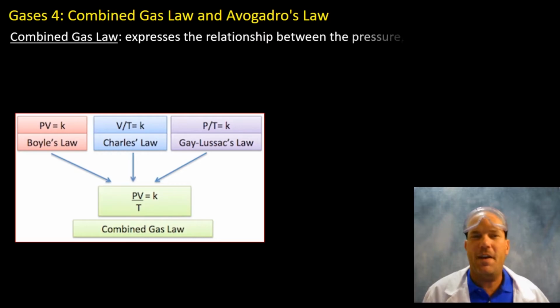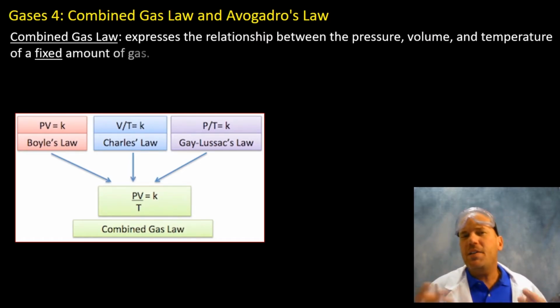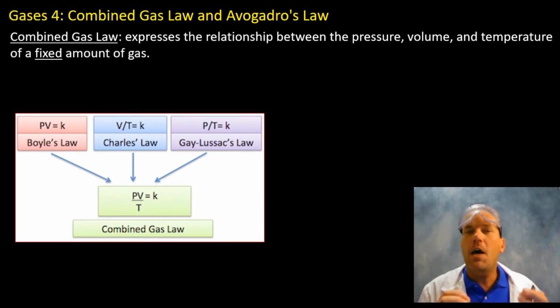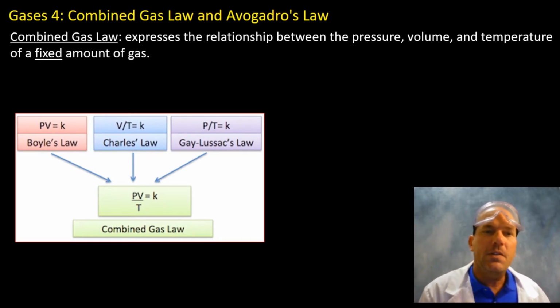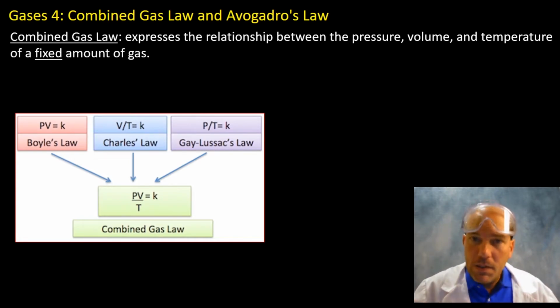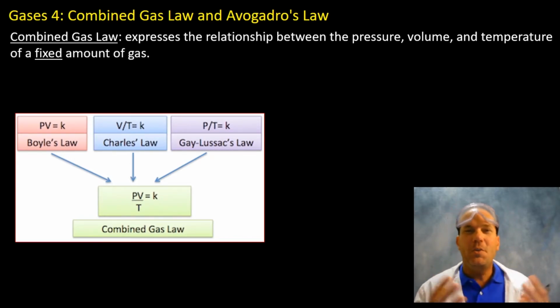Let's go ahead and define this. This law expresses the relationship between the three variables we've looked at, pressure, volume, and temperature, of a fixed amount of gas. In other words, we're considering the number of moles of gaseous particles to be constant.